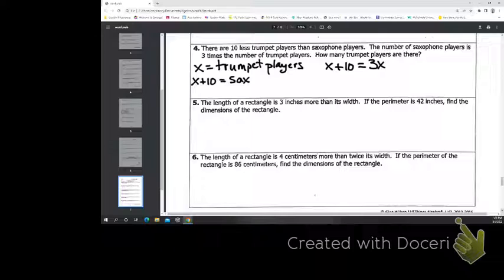And then, like our last example, get your X's on the same side and then divide. And remember, you can put your X's on the right instead of the left. You only have to give me the trumpet players, which is what the X is in this case.